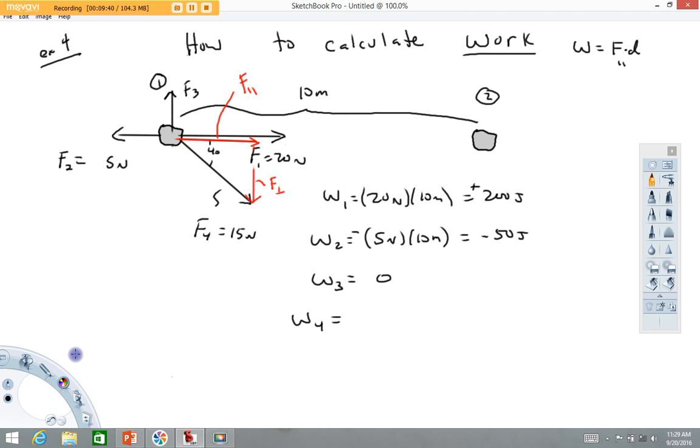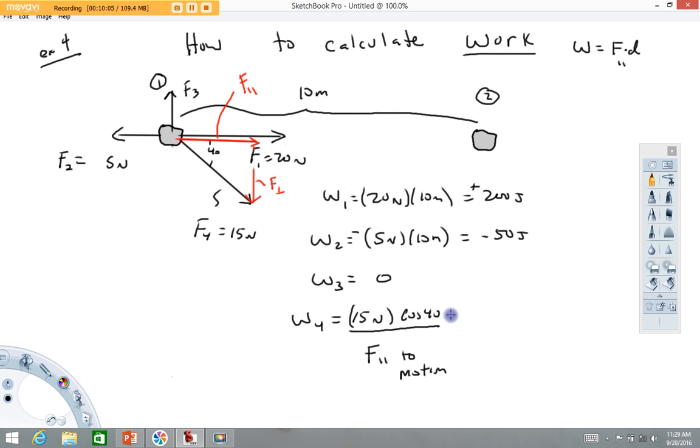When we calculate the work, we want to take the force component that's in the direction of motion. That's this one. And that's going to equal 15 times the cosine of 40 degrees. So this is going to be 15 newtons times the cosine of 40 degrees. So this product is the force component parallel to the motion.